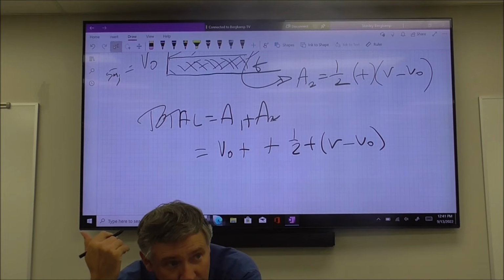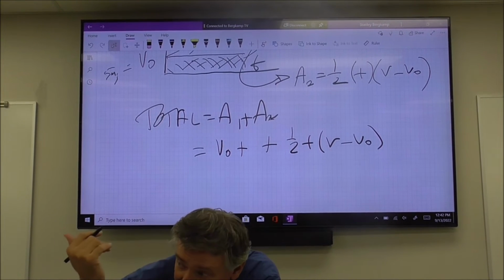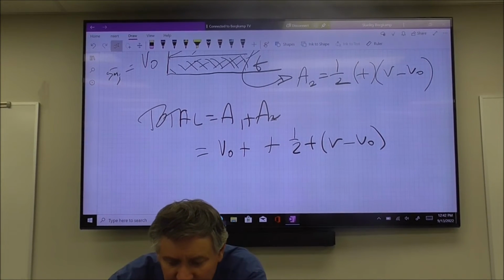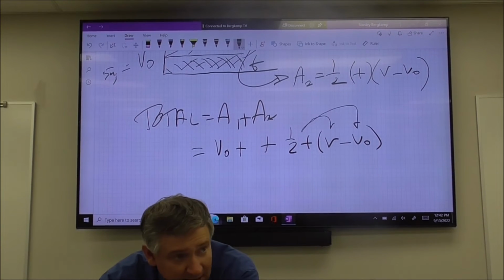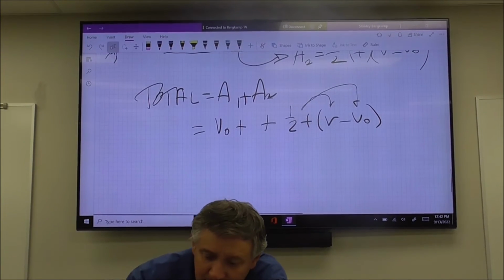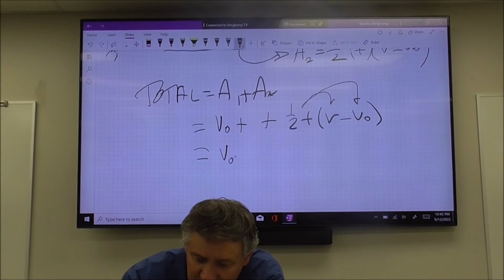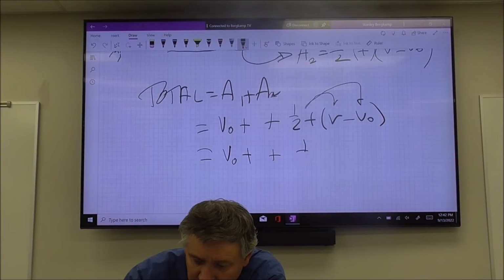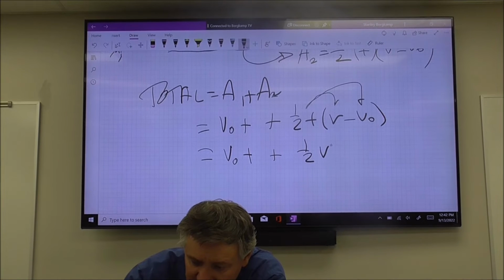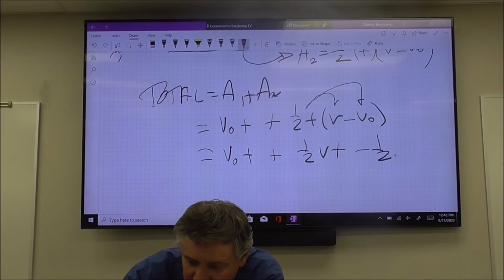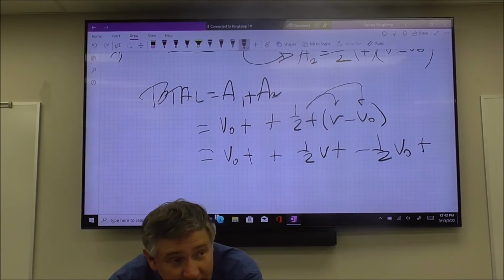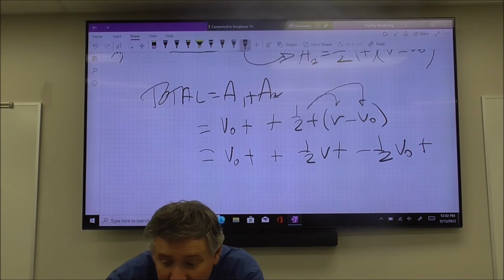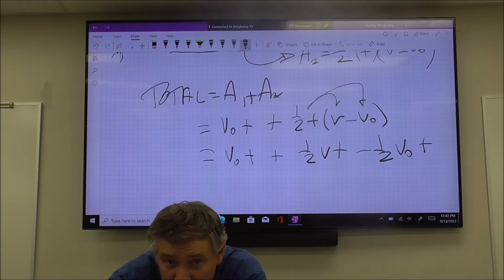This does not, okay? But we can get to that point. So I want to distribute this 1/2 time, okay? So I'm going to have V naught T plus 1/2 VT minus 1/2 V naught T. Now, can I combine any terms?